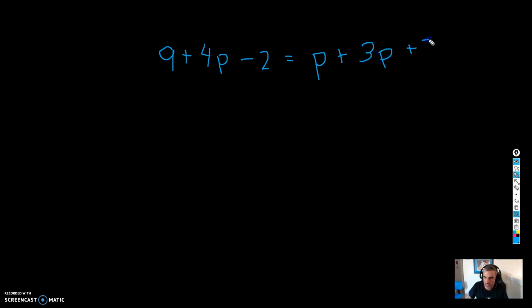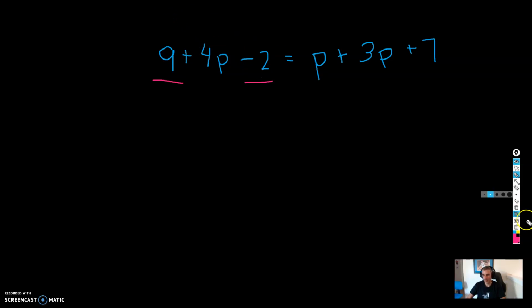Okay, so there's a lot going on here. On the left-hand side, I have 9 right here, but then I'm taking away 2 over here. So even though there's 4 p's in the middle, I can still combine like terms between this 9 and this 2.